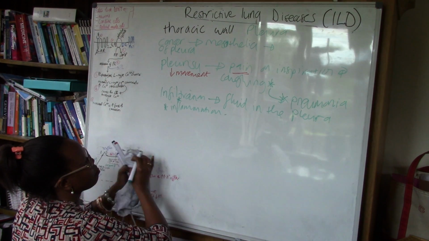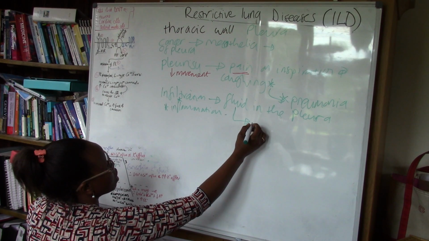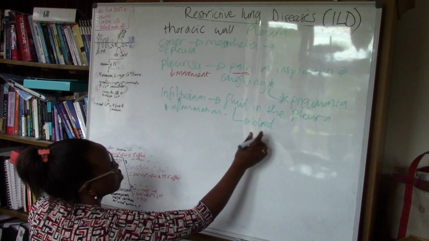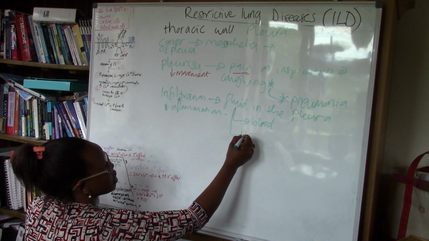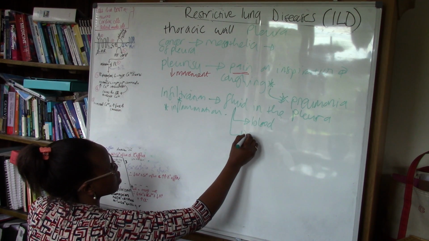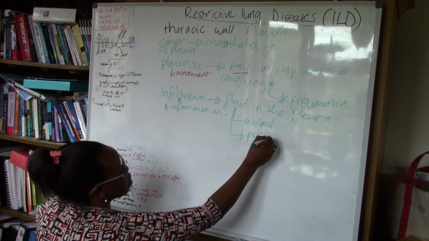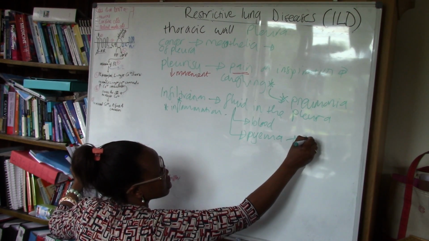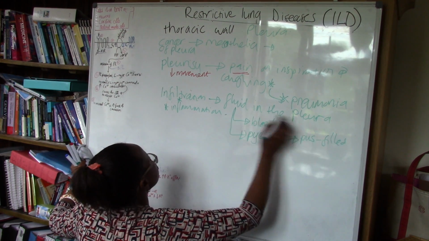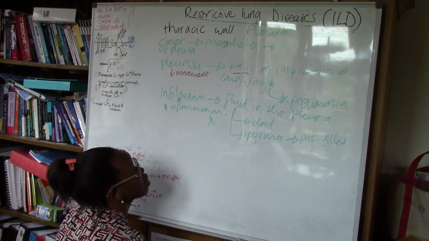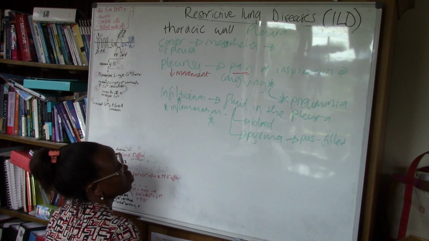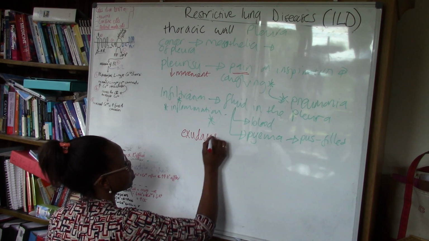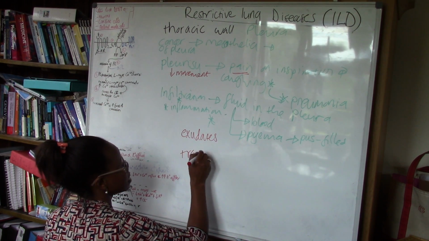Fluids in the pleura can be perhaps blood, which would be a hemothorax. It can be empyema, which is just pus-filled fluid, usually due to inflammation. Other fluids in the pleura can be exudates or indeed transudates.